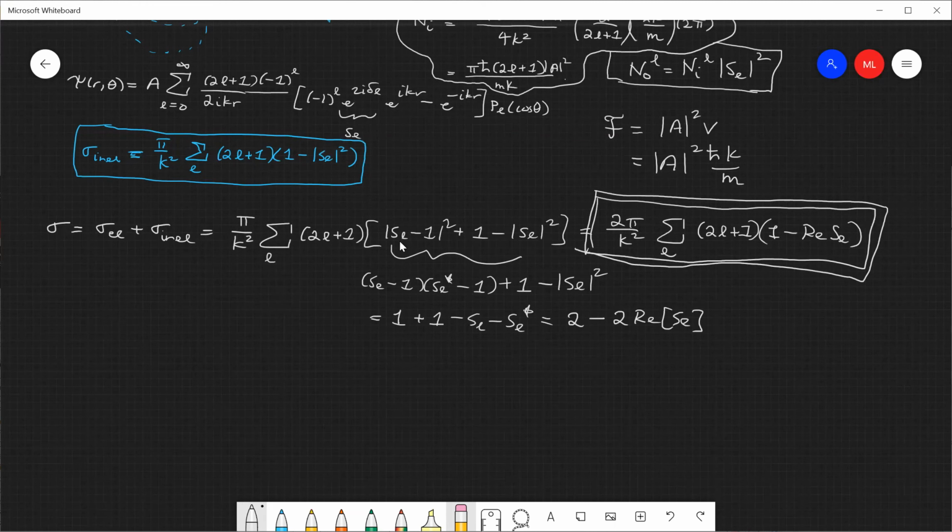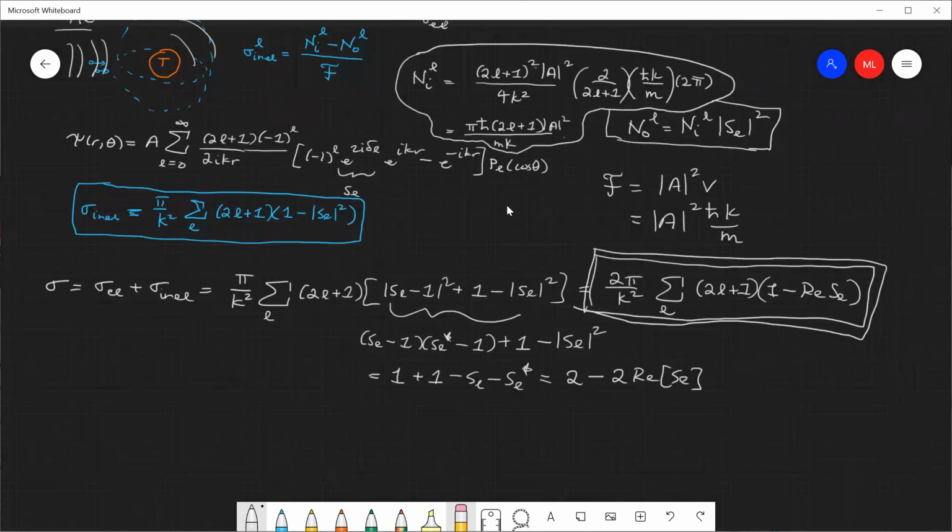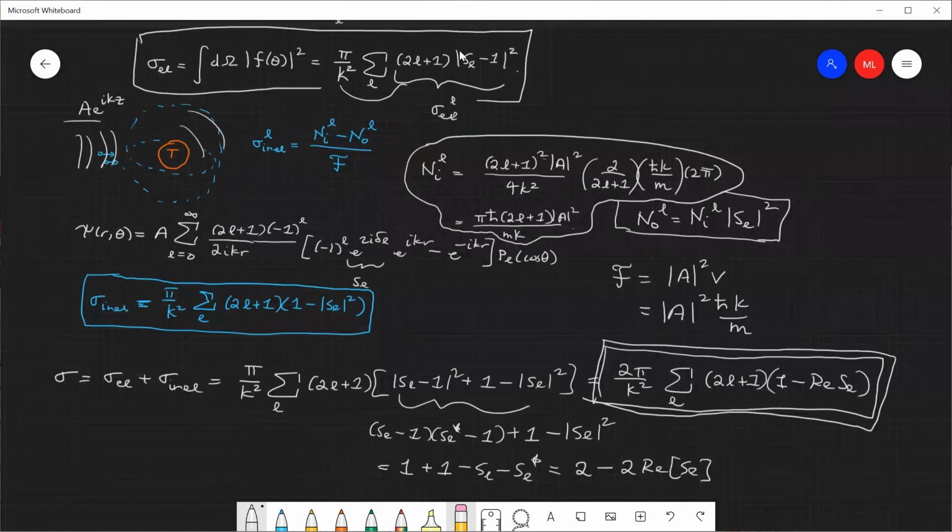But what's interesting is that if you look at the expression for the elastic scattering cross section, there's no way to get this to vanish unless S_L is equal to 1 identically, without any phase. So that's very interesting. Quantum mechanics tells you that there's no way to actually get rid of elastic scattering in any kind of scattering problem.